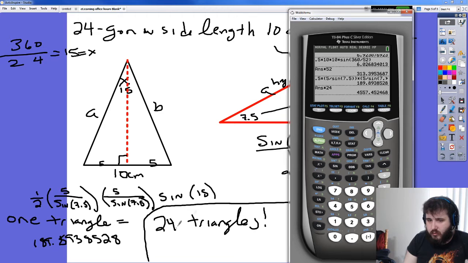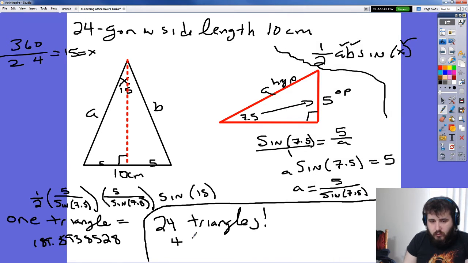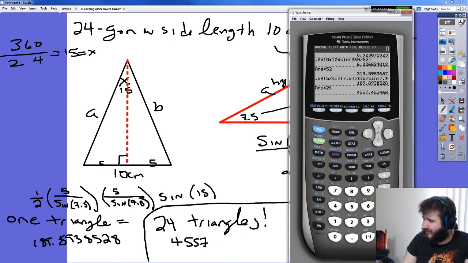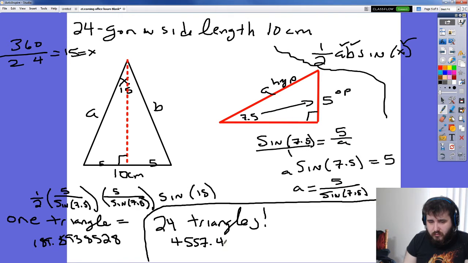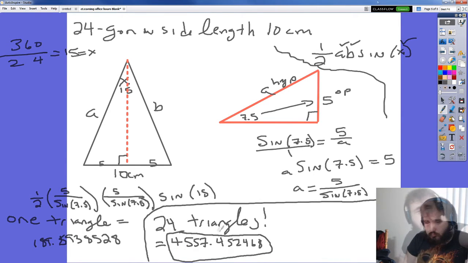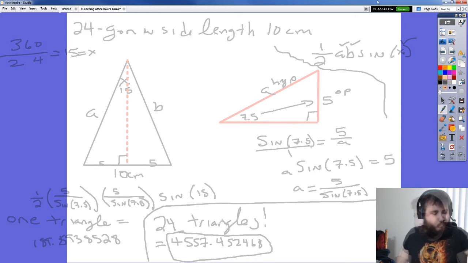And this number represents the area of the whole thing: 4,557,452,468. That's the whole thing. Okay, that's all there is to it.